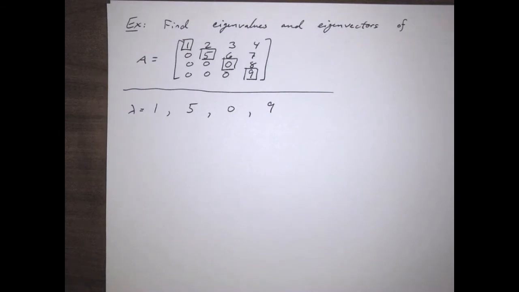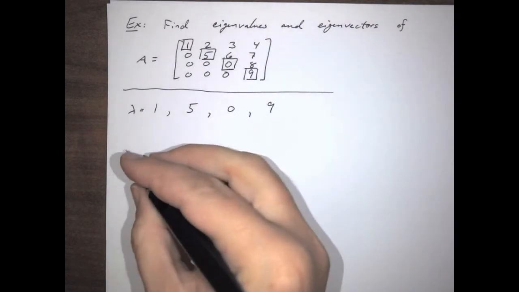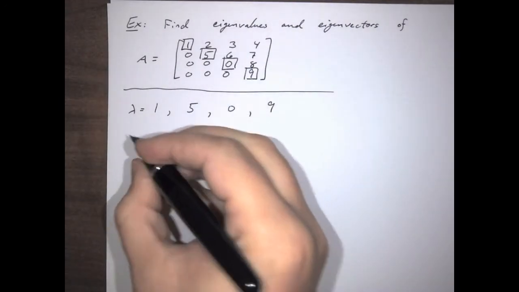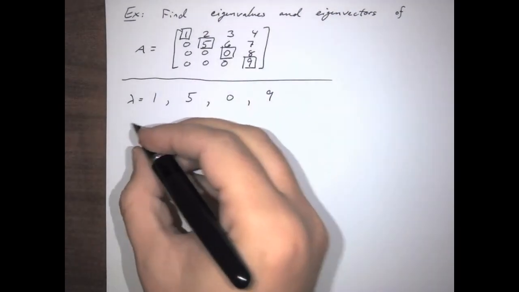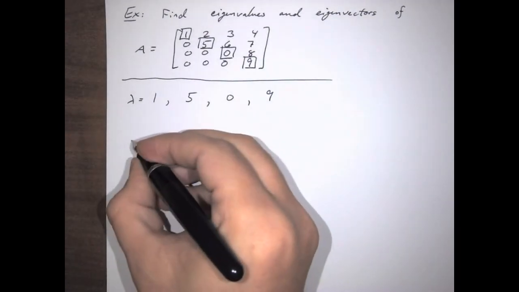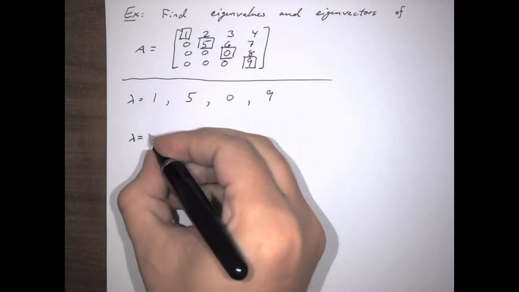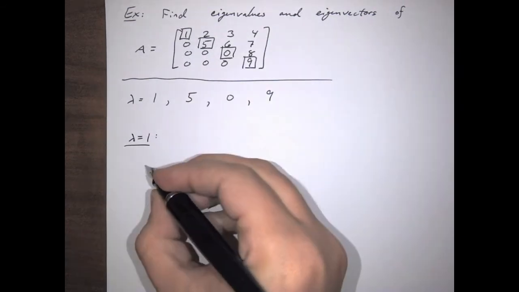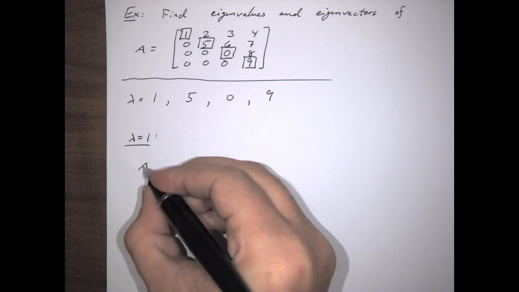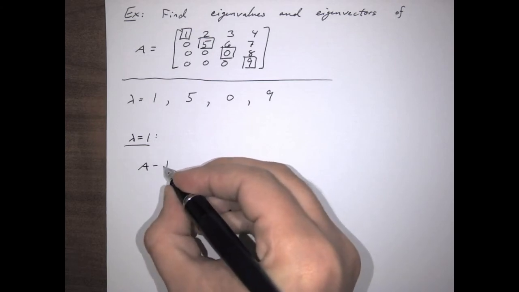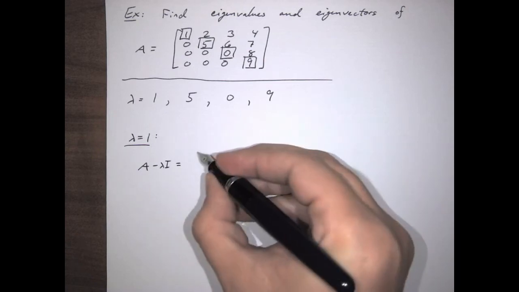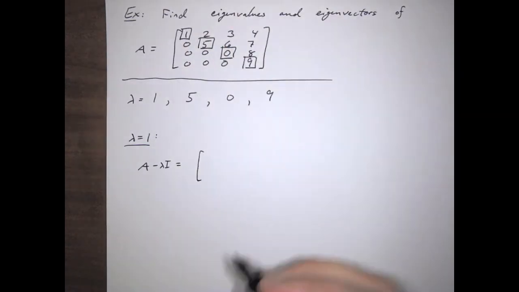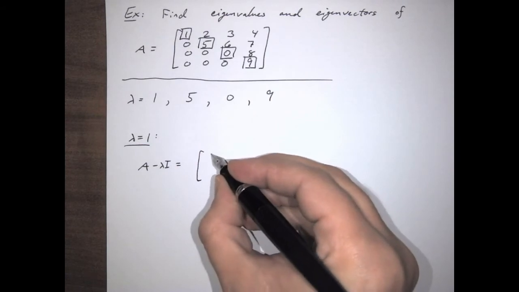Alright, well now to find the eigenvectors that are associated with each of these, what we'll just do is take them one by one. And that's what you have to do. You have to go one by one on each of these. So if lambda equals 1, then what we're going to have is A minus lambda I. It's going to be this matrix with 1 subtracted off of the main diagonal.